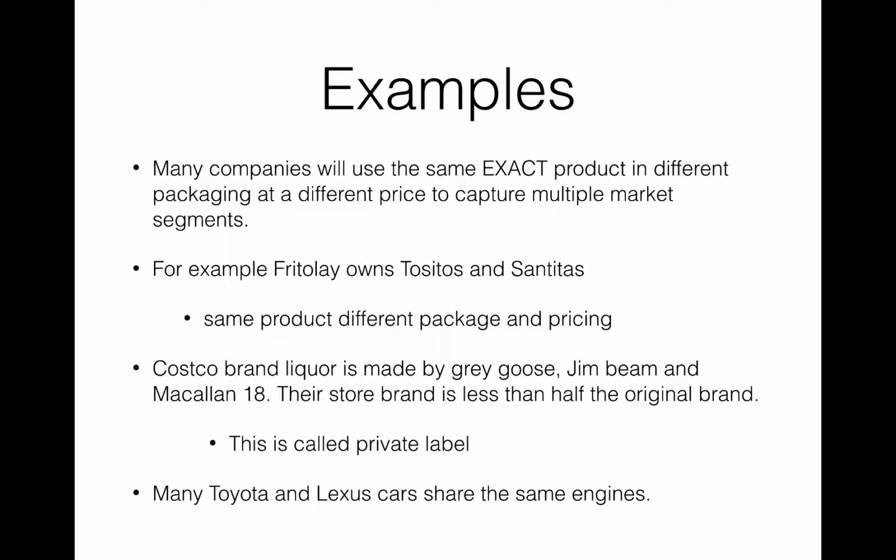So sometimes what will happen is a company like Costco or Ralph's or Walmart, you'll see Walmart brand or Target brand or Ralph's brand in their store. And they'll reach out to the manufacturing companies that create the brand name items and ask them to create a private label for them, meaning that they'll pay them if they just put Costco brand on the label instead. So you're buying the same product for less than half the price.